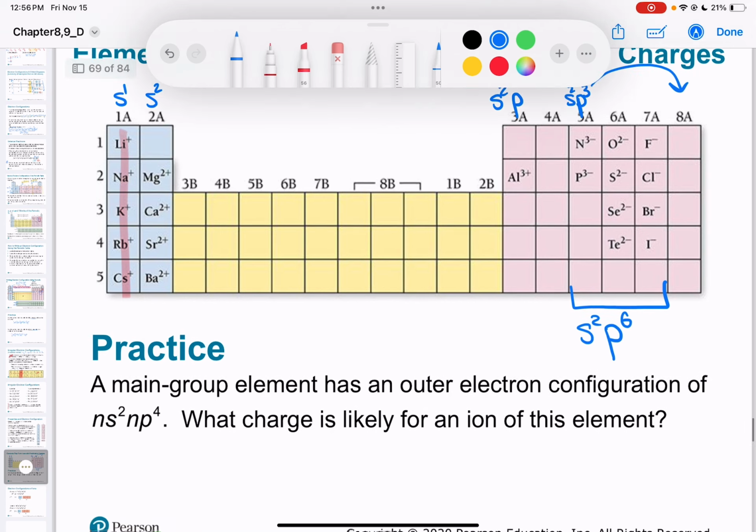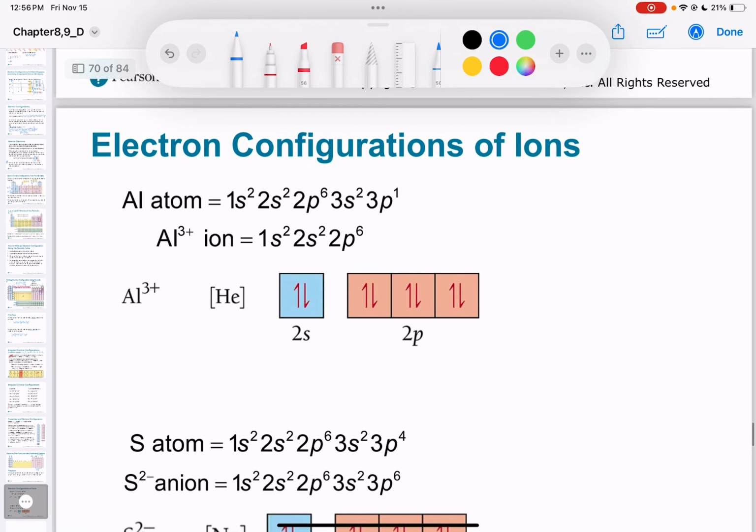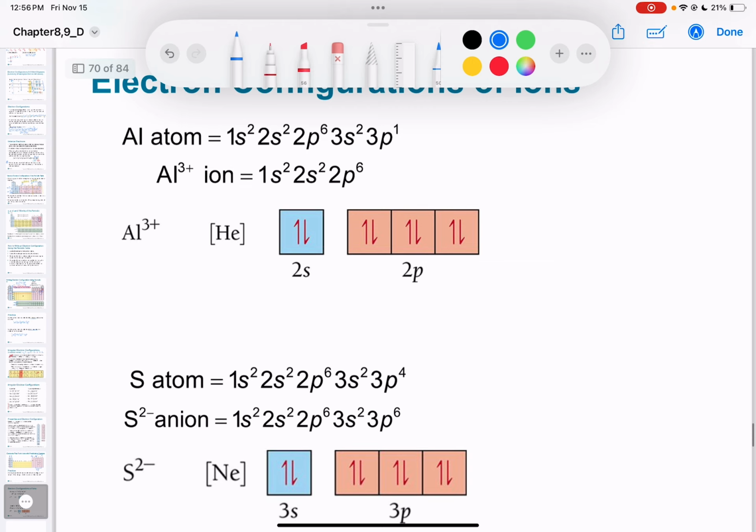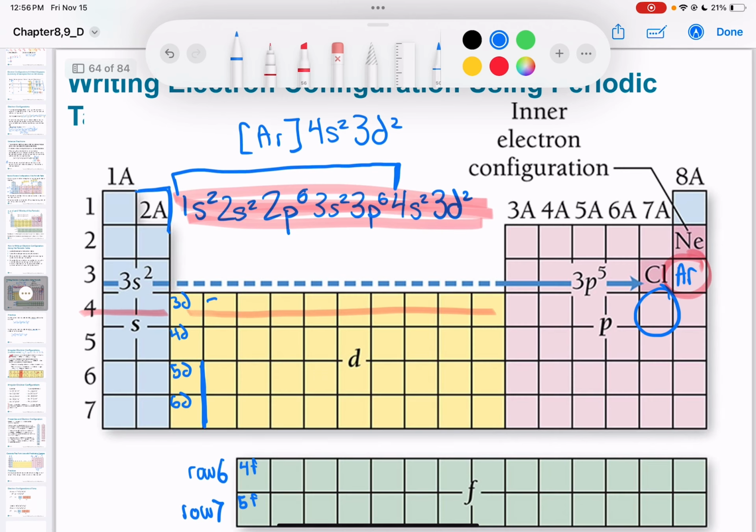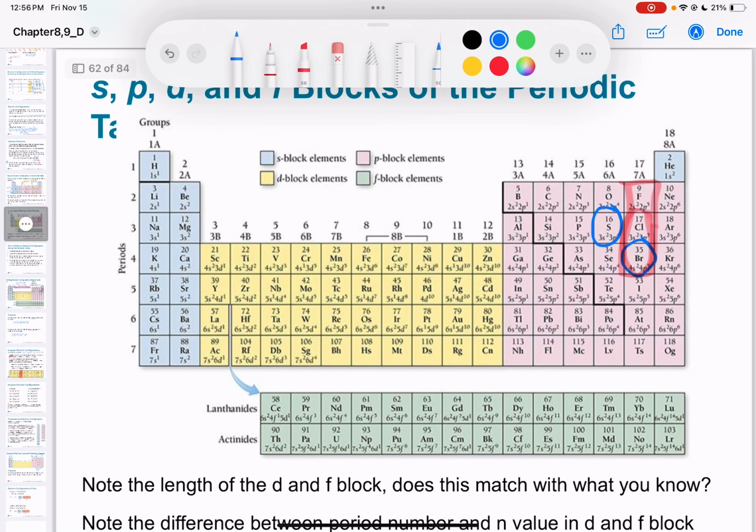So let me show you what I mean by this example here. If we want to write the electron configuration for something that has gained or lost electrons, we just need to gain or lose that number of electrons and do it just like we would do any other electron configuration. So aluminum normally has 13 electrons and sulfur normally has 16.